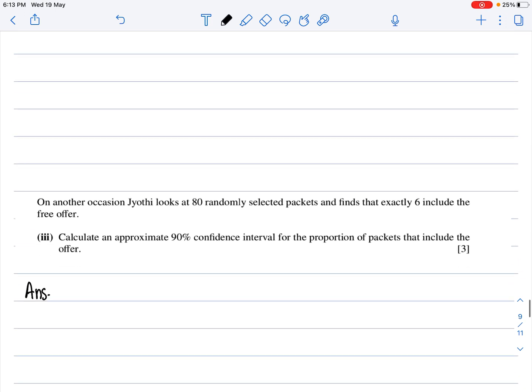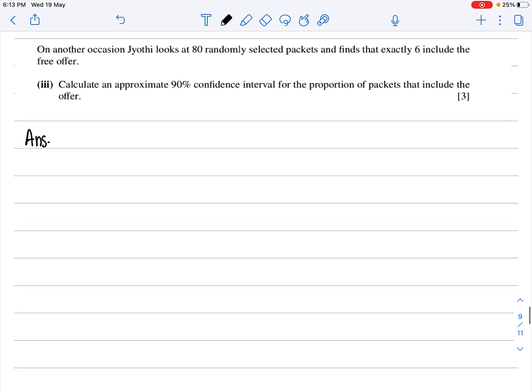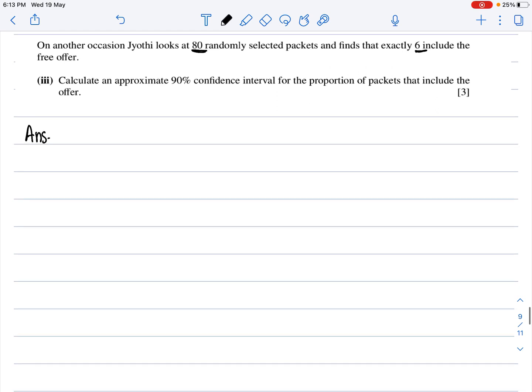Now, on another occasion, Jyoti looks at 80 randomly selected packets, of which exactly 6 include the free offer. We need to calculate an approximate 90% confidence interval for the proportion that include the offer. Because they have used the word proportion, an important concept comes in here called the population proportion, or probability of success.